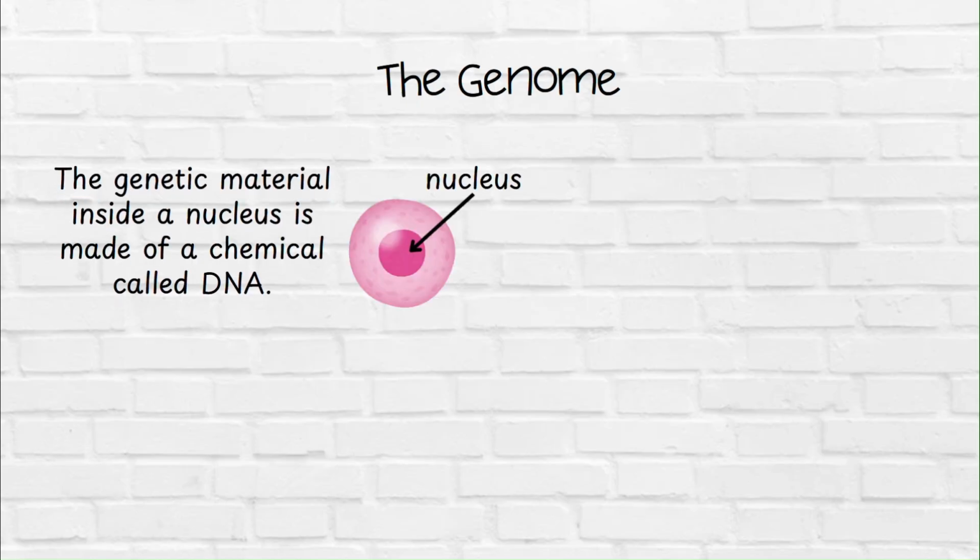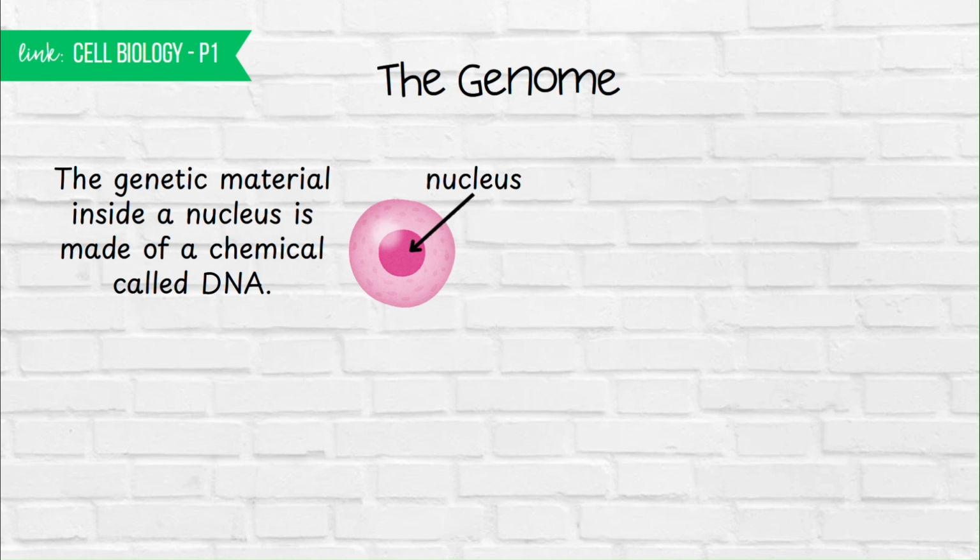So, the genetic material inside a nucleus is made of a chemical called DNA. You don't need to know what this stands for, just that it's called DNA. And here we have a diagram of a nucleus within a cell, and this links to cell biology, so if you're not aware of the organelle and the way it's arranged within an animal cell, you might want to go back to cell biology on paper 1 and review your knowledge.